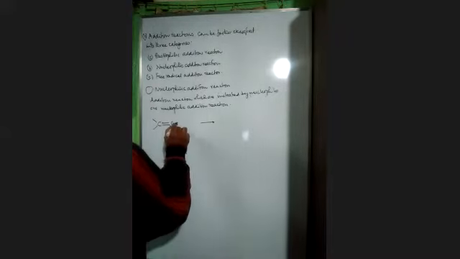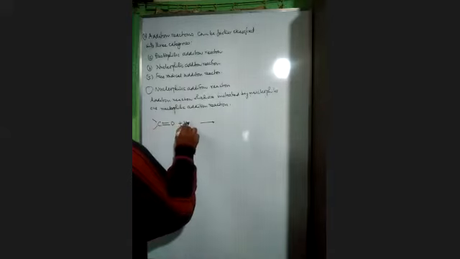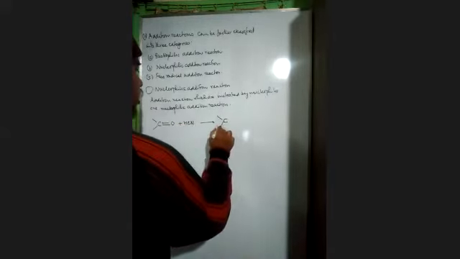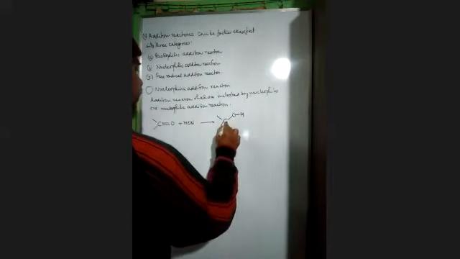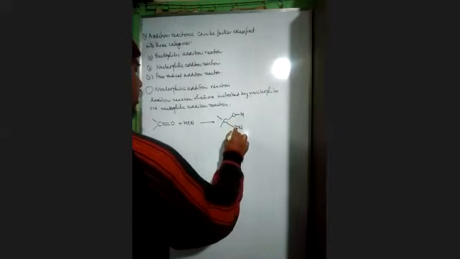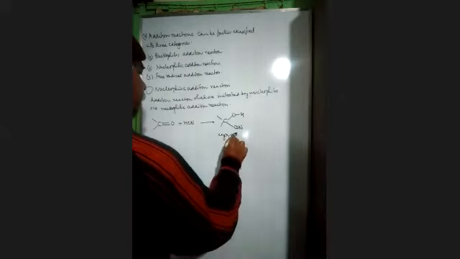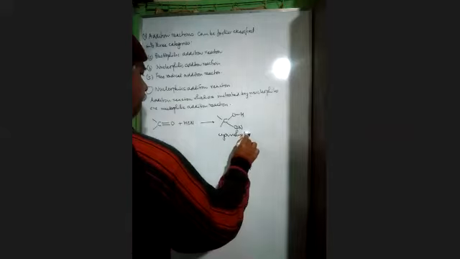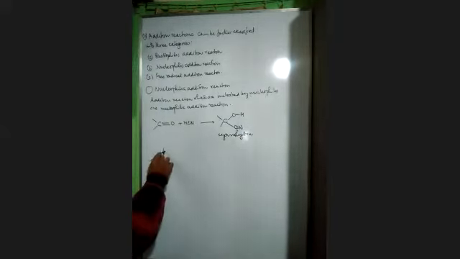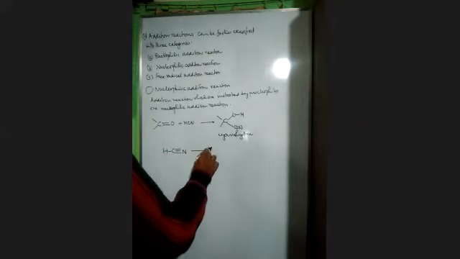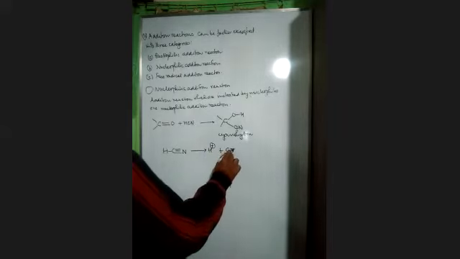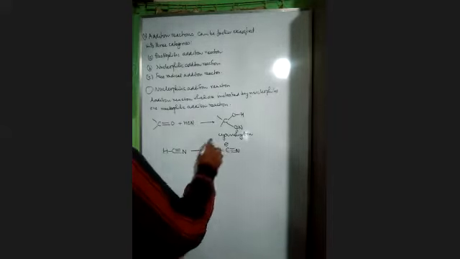See, this is also a double bond. Okay? Now if I add hydrogen cyanide, I get this. This is called cyanohydrin. Because this bond is highly polar, it is an acid.